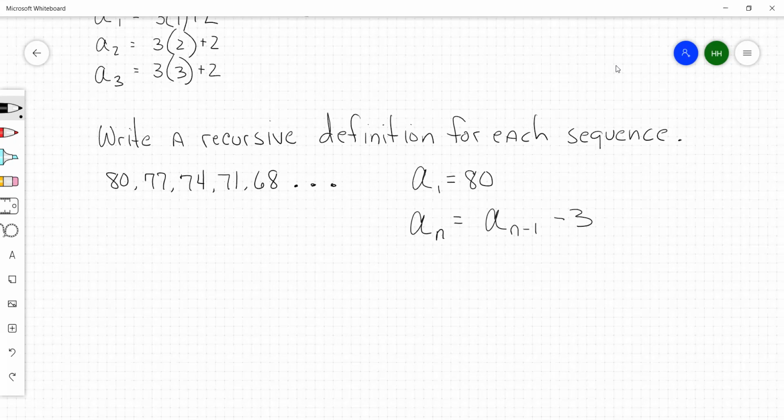All right, that's what they mean when they ask you to write a recursive definition for each sequence. You're going to list the first term, and then you're going to write a formula as each next number relates to the previous number.